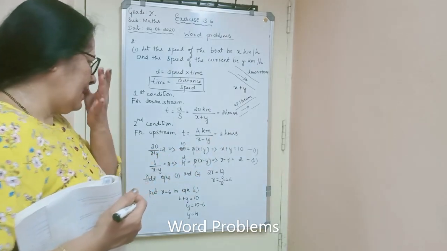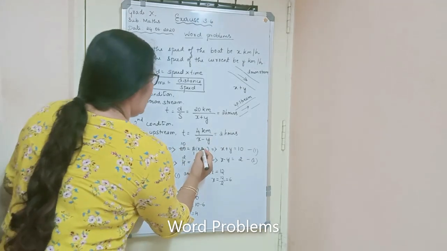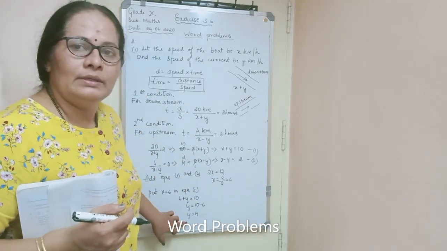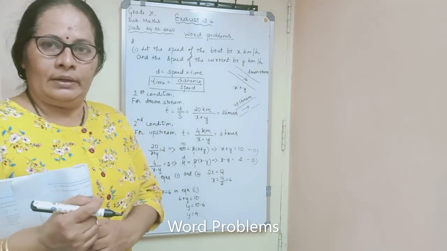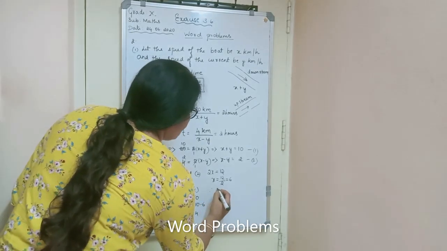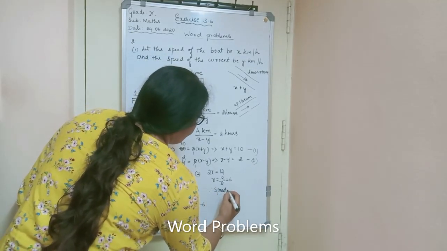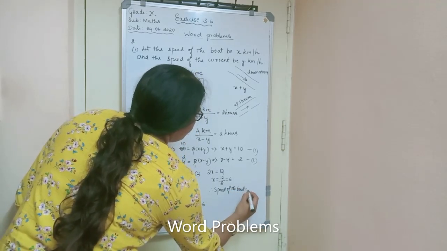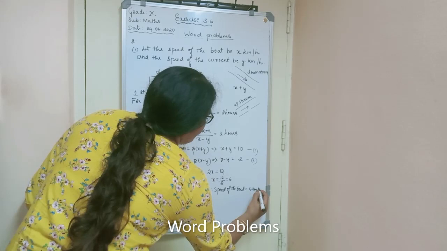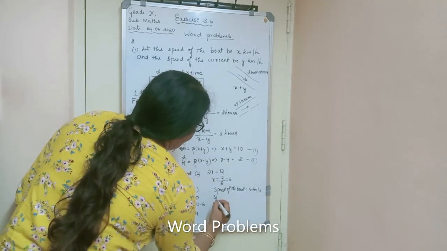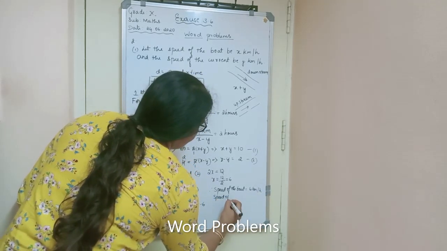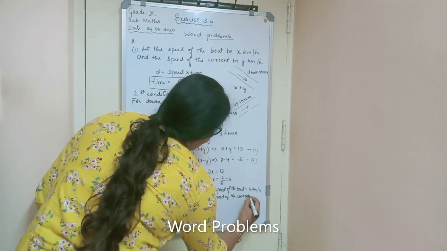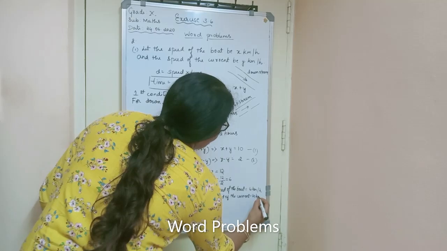Cross multiply and simplify, you will get x equals 6 km per hour and y equals 4 km per hour. Therefore, the speed of the boat is 6 km per hour and the speed of the current is 4 km per hour.